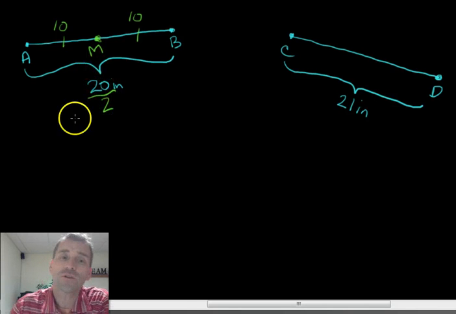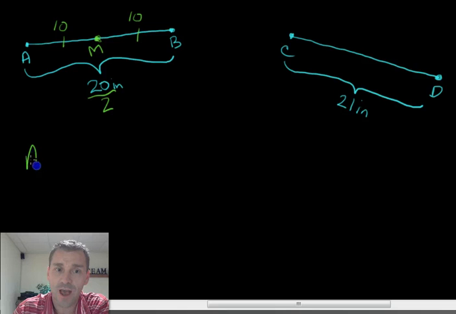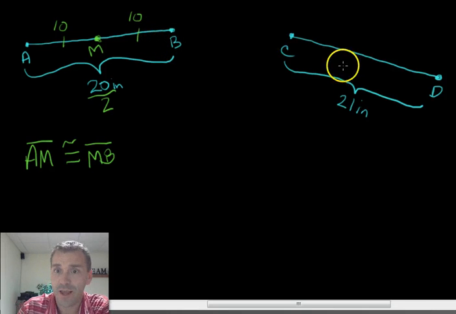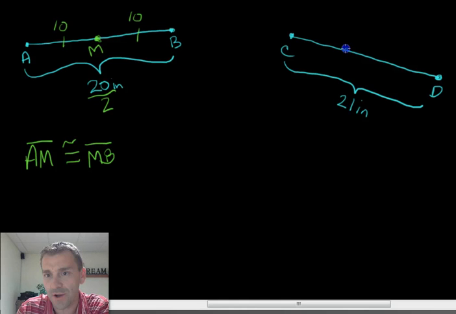But if I divide the overall segment into 2 equal parts, so now I have segment AM being congruent to segment MB, well then this segment has just been bisected. It's been divided into 2 equal parts. Likewise over here, if I have a point here, we'll call it X, doesn't matter, and I put a point here, call it point Y, where this is congruent to this, is congruent to this.